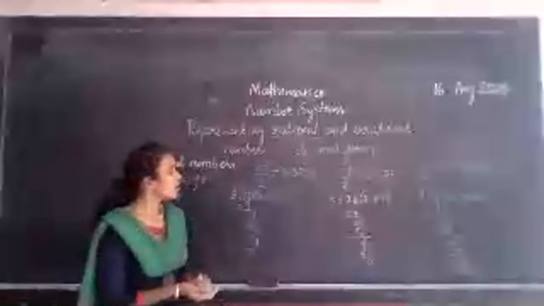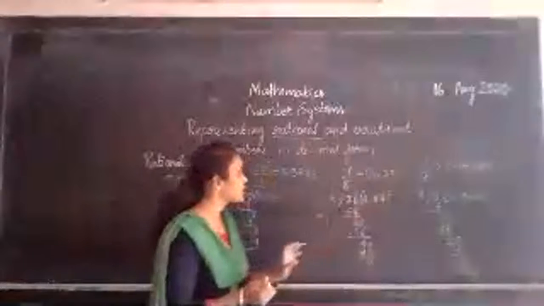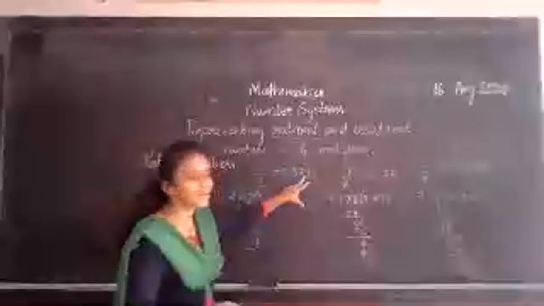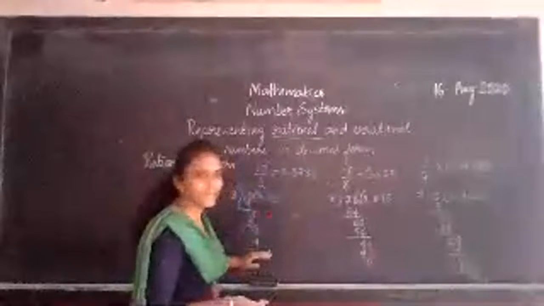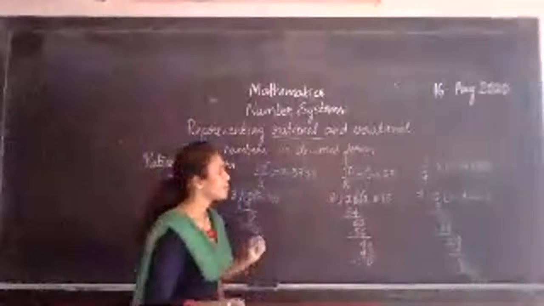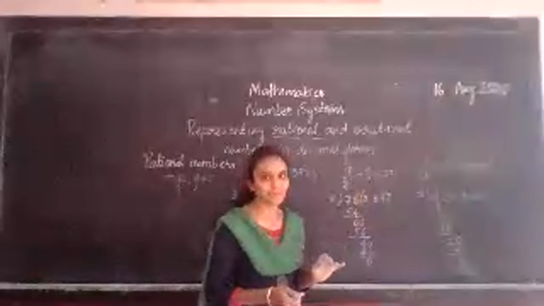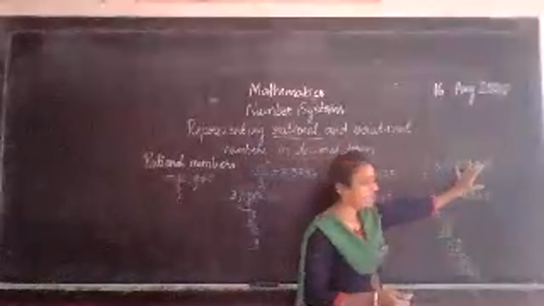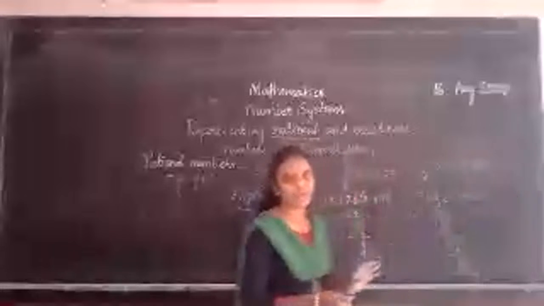See, in these 3 examples, if I just observe, here the decimal number is not terminating, it is continuing. Okay, there is no remainder here. You cannot get a remainder, it keeps on continuing. Here, the number is terminating after a particular decimal place. And here the number is not terminating. Here also there is no 0, it is just continuing.